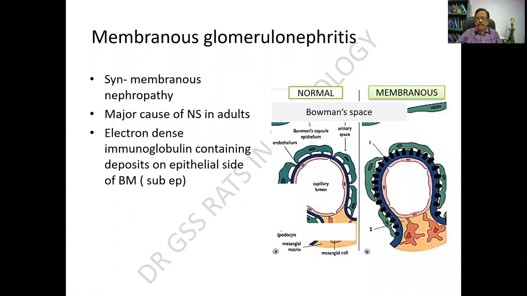What do I mean by this? You find that this is a capillary in which I have got an epithelium, the basement membrane, and the pink colored endothelium. And this is the capillary lumen.